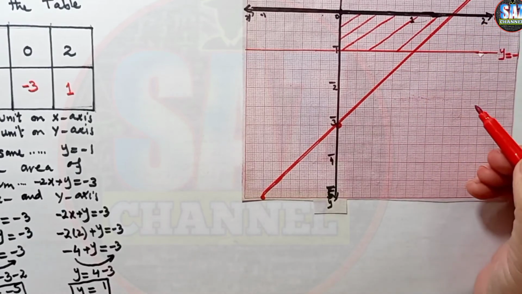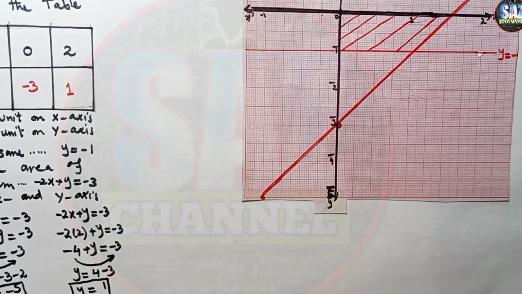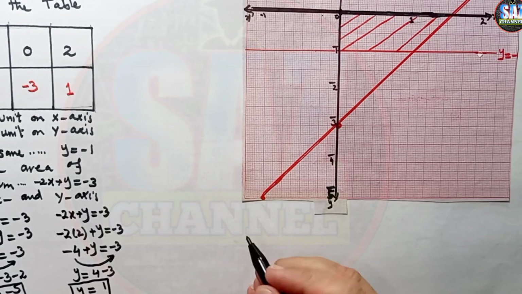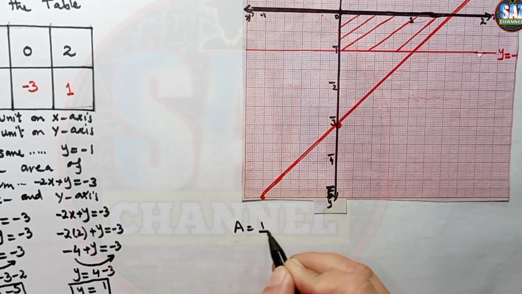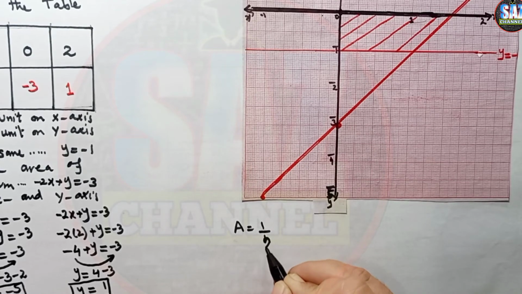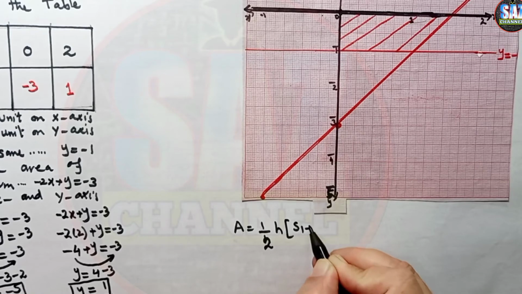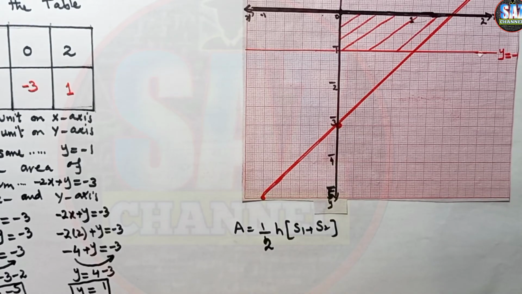Okay, and in order to find the area of the trapezium, we know that the formula for the area of a trapezium is, area equals half height times the sum of parallel sides S1 plus S2, where S1 and S2 are the parallel sides.